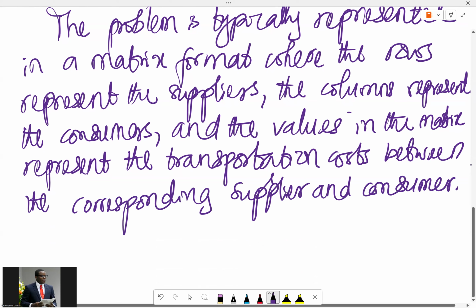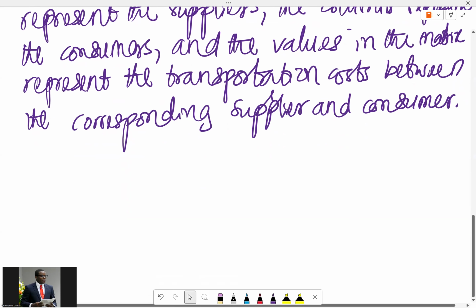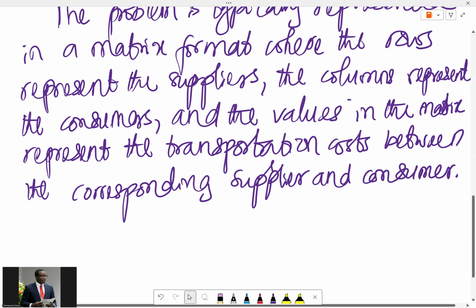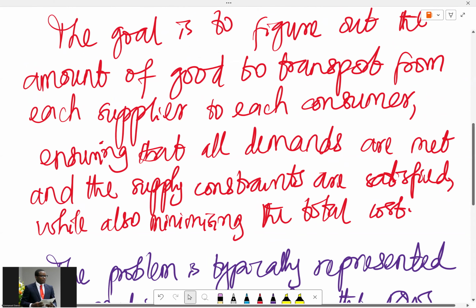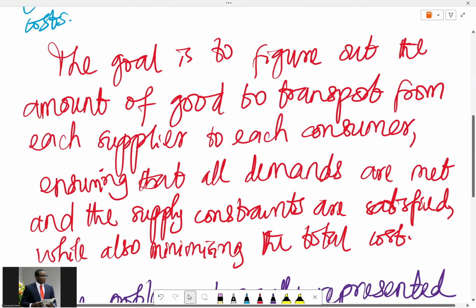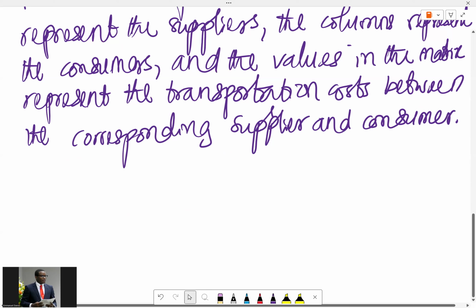All right. So can we look at the objective of the problem? The transportation costs, I think we've implied that already. Ensuring that all demands are met.